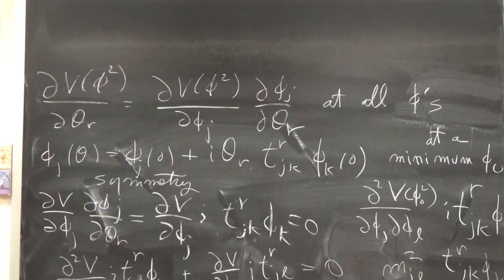So, what does that mean? That means that for every generator T_R that does not annihilate the vacuum, there's a massless scalar boson, a Goldstone boson.